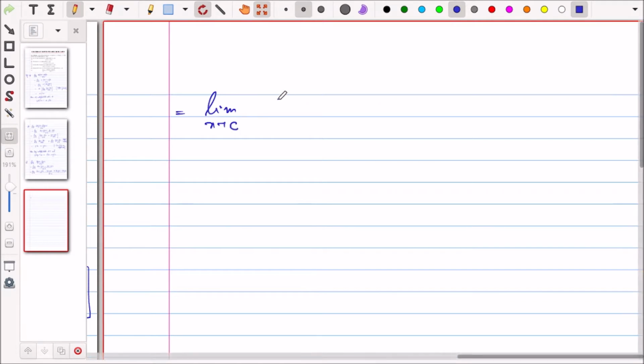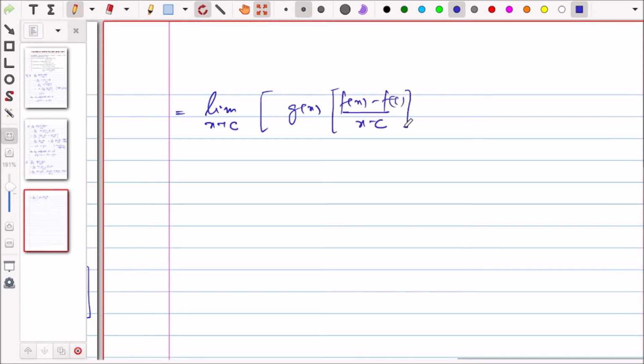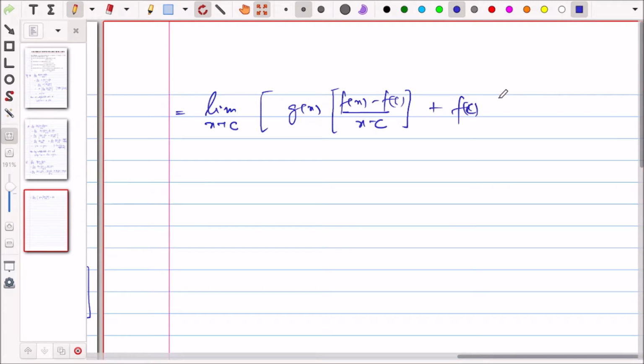Limit x tends to c, इधर से g(x) कॉमन निकलेगा, it will become (f(x) minus f(c)) upon x minus c, और इधर से you will get common f(c) कॉमन निकलेगा, right? Plus f(c) times what you will get is (g(x) minus g(c)) upon x minus c, right?